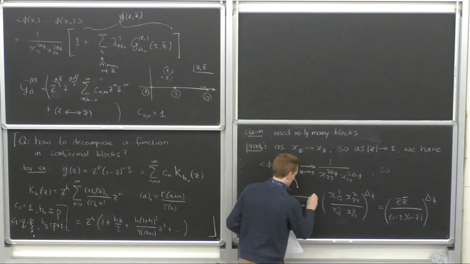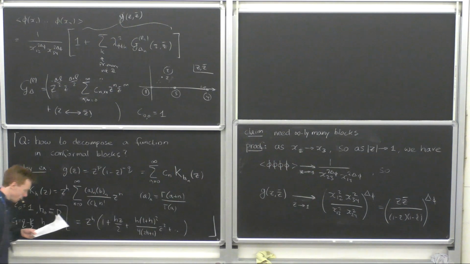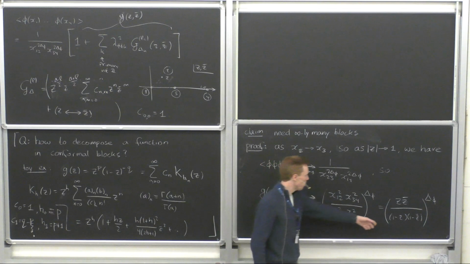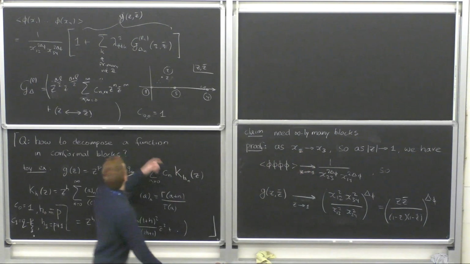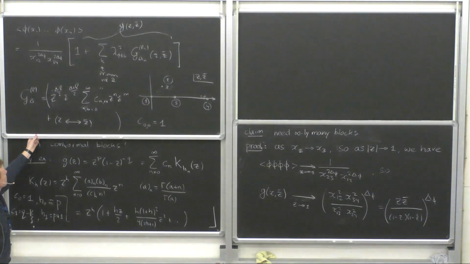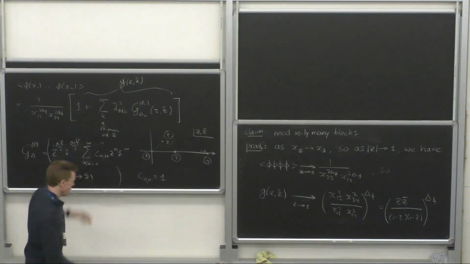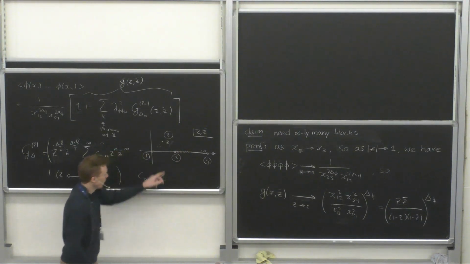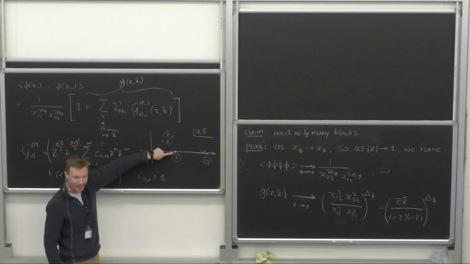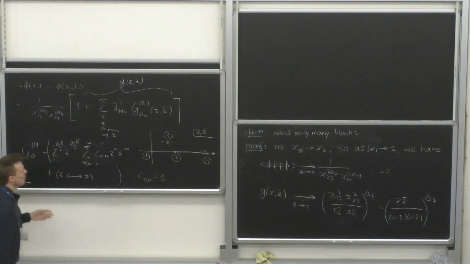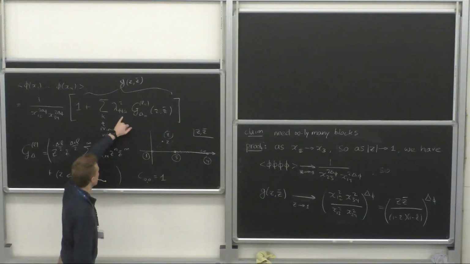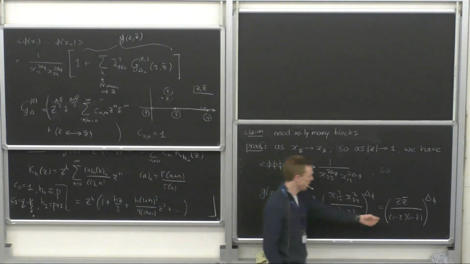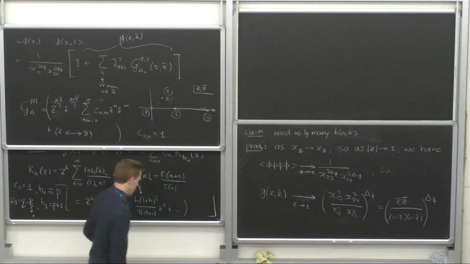This is just a limit. This is what you need to reproduce in the z to 1 limit from this decomposition. Now this decomposition stops converging exactly here, as we discussed, but at z to 1 it barely converges. So the asymptotic behavior of this series must somehow reproduce this funny power. So what does a single block do?